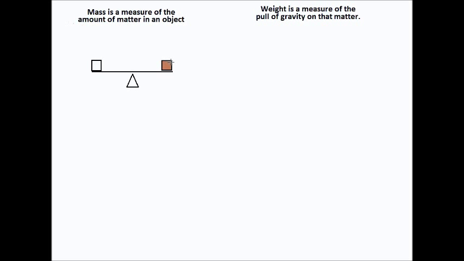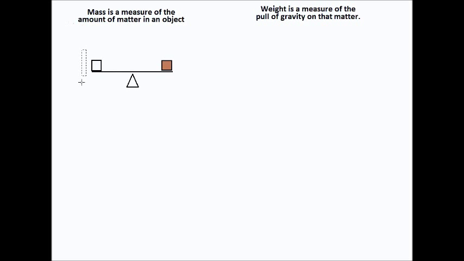So it makes no difference if you're on Earth's gravity or if you're on the Moon's gravity or Jupiter's gravity. This balance is going to read the same mass. So keep that in mind next time you pull out a scale to measure mass, that really a scale by definition measures weight, and a balance measures mass. So this works the same on the Earth, works the same on the Moon.